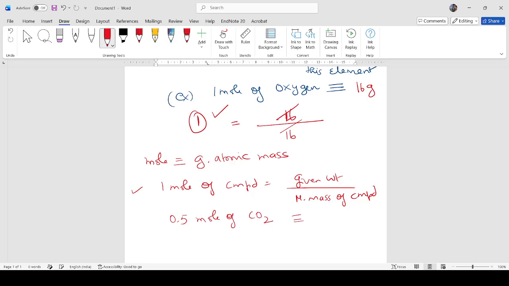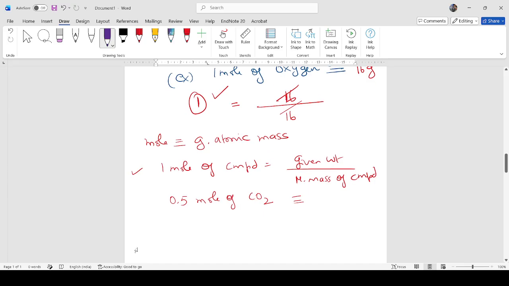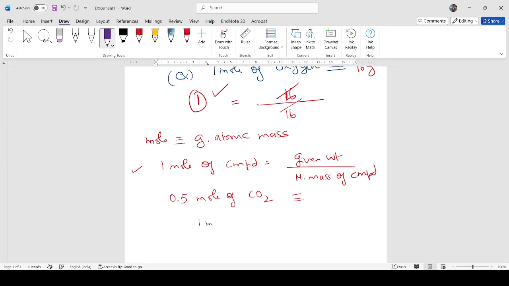what is the weight of this? How much does it weigh? 22 grams. That's right. Because 1 mole of carbon dioxide means the weight should be equivalent to the molecular mass.